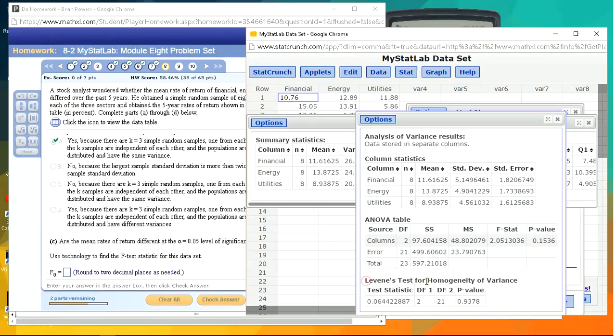Here's something down here. Levene's test for homogeneity of variance. This is a hypothesis test for variance. What it's asking is, do the populations have the same variance or do they have a different variance? The p-value is very, very high, 0.93, which would lead us to the conclusion that we do not reject the null hypothesis.